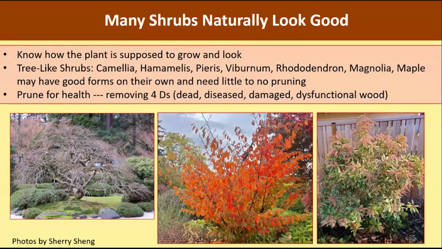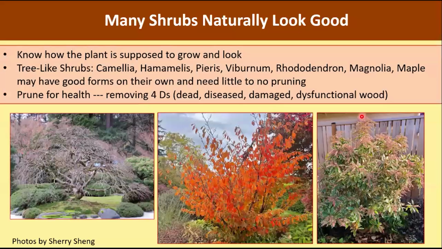And in this slide, I show 3 examples with a weeping form of Japanese maple, a witch hazel, and a Pieris, also called Andromeda. And up here, there are examples of more tree-like shrubs that just naturally look pretty good.